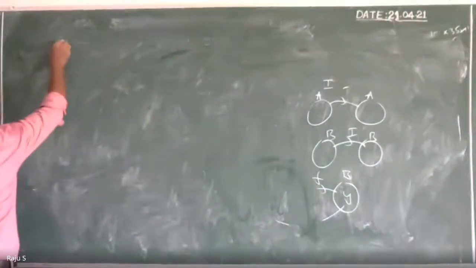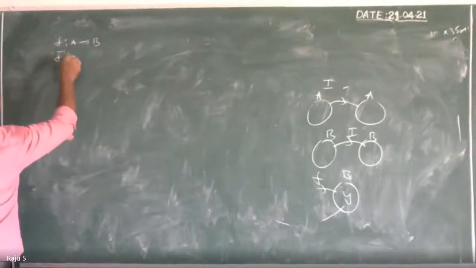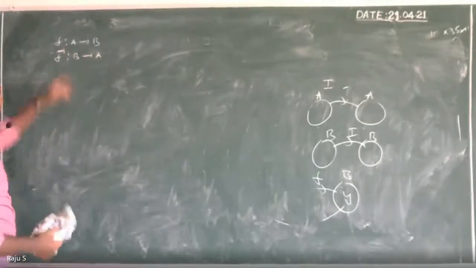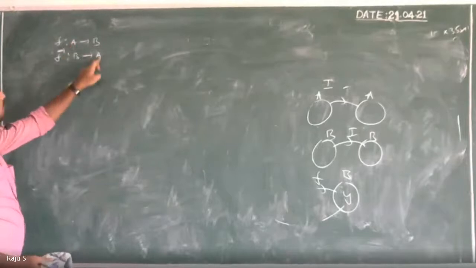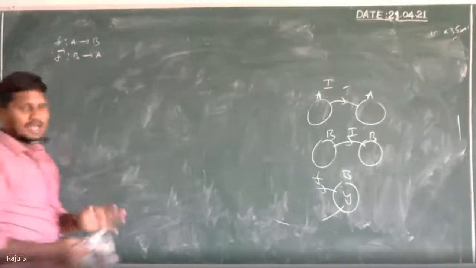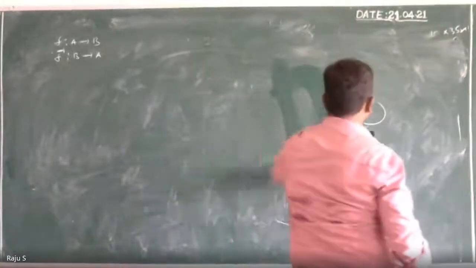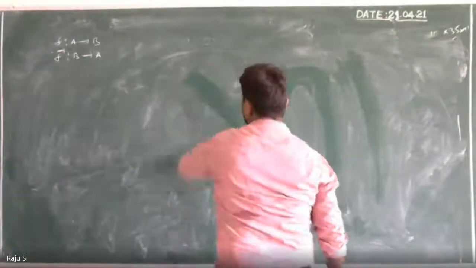Remember that f is a function from A to B, so f inverse must be from B to A. You have to remember this. If f is a given function, then its inverse is from B to A. So domain becomes codomain, codomain becomes domain. That's it. Keep that point in your mind.